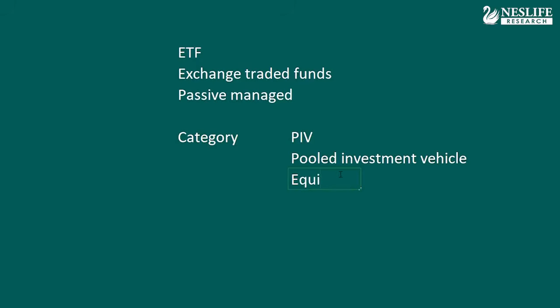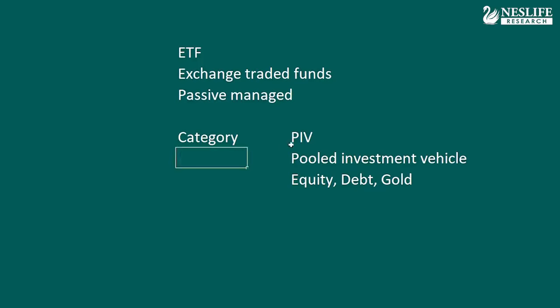Those can be equity, debt, or gold. So instead of a retail investor buying directly in equity, gold, or debt products like bonds, a pooled investment vehicle is designed. It is basically a trust. There is an entire ecosystem of how this ETF works. But today we'll restrict the discussion to only the selection criteria.